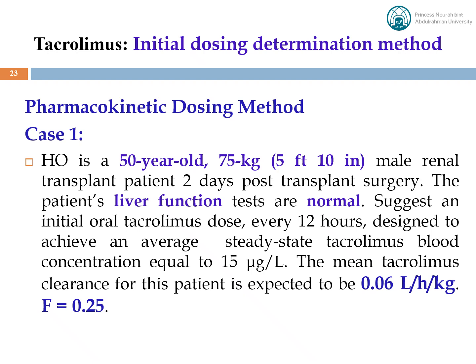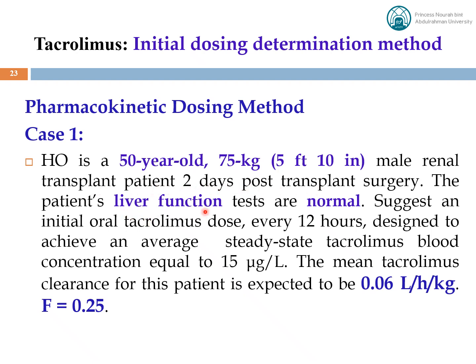Okay. How to carry out initial dosing determination: the pharmacokinetic dosing method. Let us discuss one example, a patient who is 50 years old, male, with a body weight of 75 kilograms, 5 feet 10 inches, a renal transplant patient 2 days post-transplant surgery.